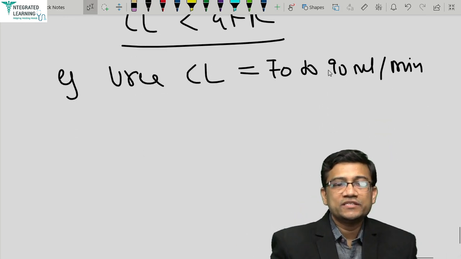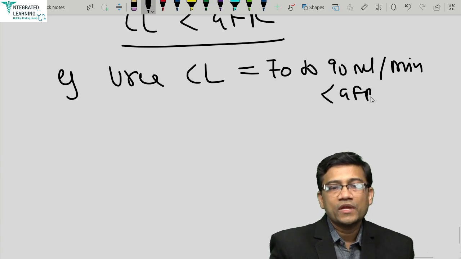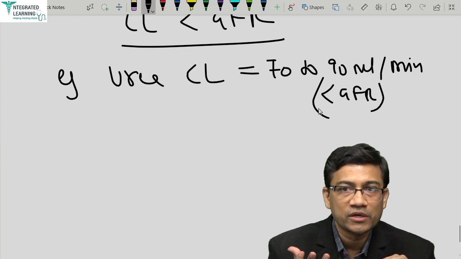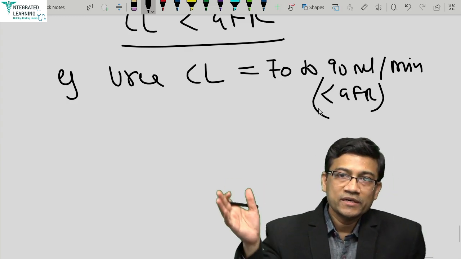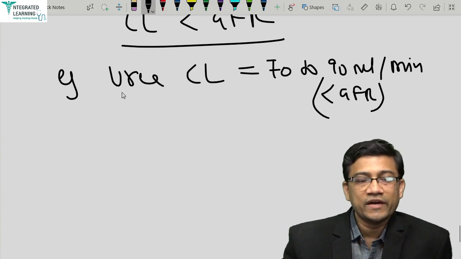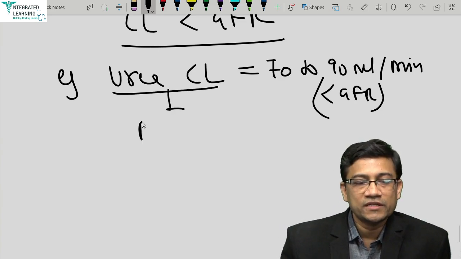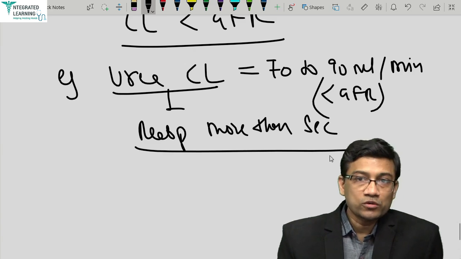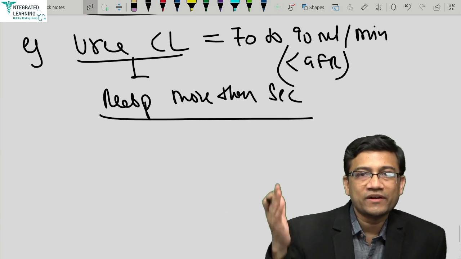So obviously it is less than GFR. Why? Because it is both secreted and reabsorbed. But you know, for the counter current system you have to reabsorb the urea. So this urea will be taken after filtration and now it becomes part of the counter current system, the medulla. So that's why it is reabsorbed more than secreted. It is both, but what is more? Reabsorption. That's why clearance is less.